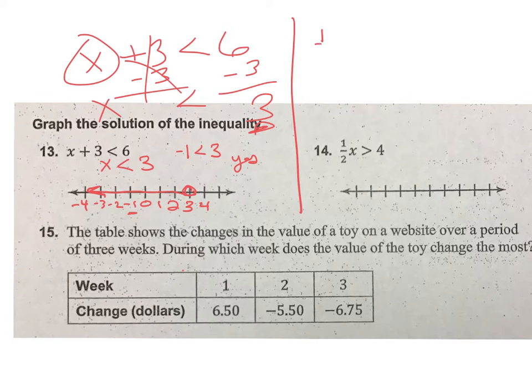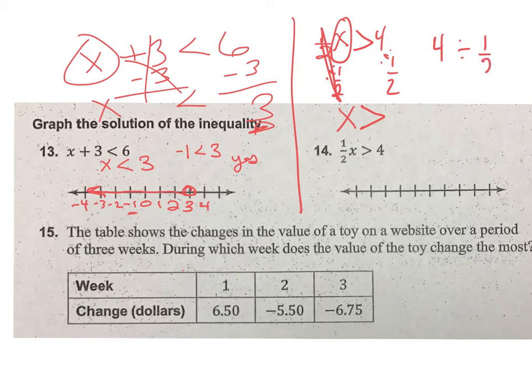All right, now 14 is 1/2 x greater than 4. I want to get this x by itself, so I have to do the opposite of times 1/2. I have to divide by 1/2 and divide this by 1/2. So those cancel each other out. x is greater than 4 divided by 1/2.